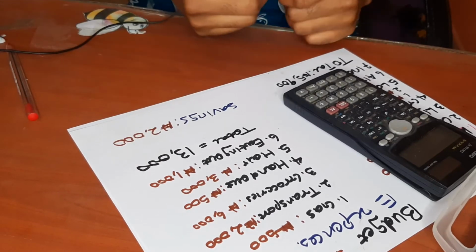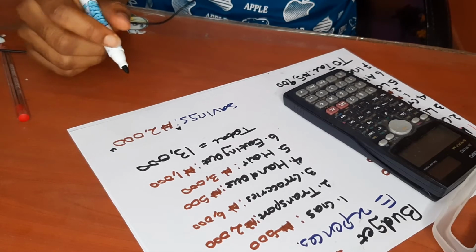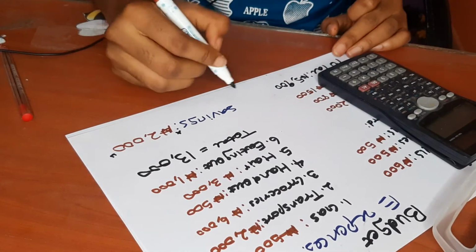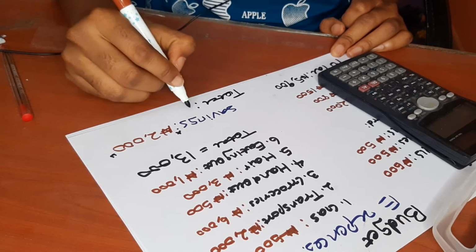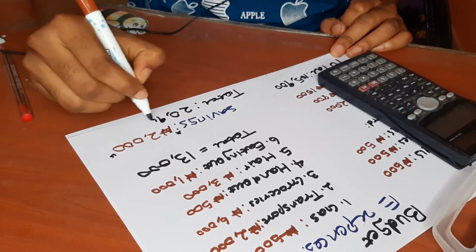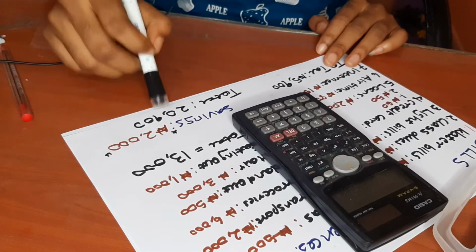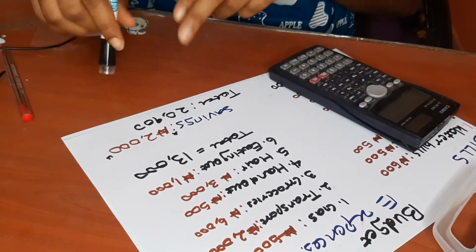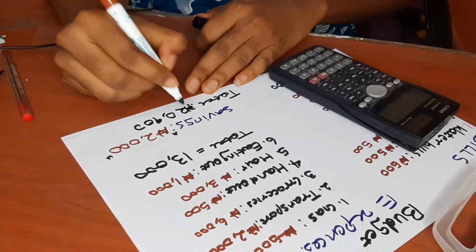So now if I add the savings, which is this, we will have a total of about 20,900. Whoa. Yep, 20,900. As you can see over here, we are running at a loss.